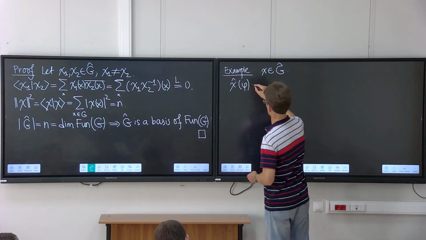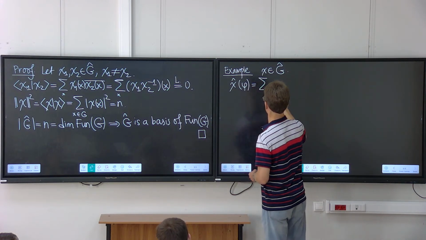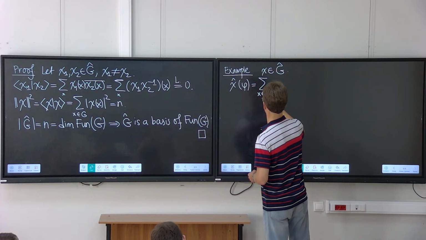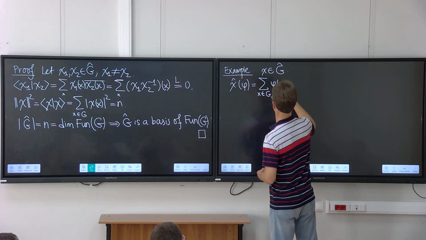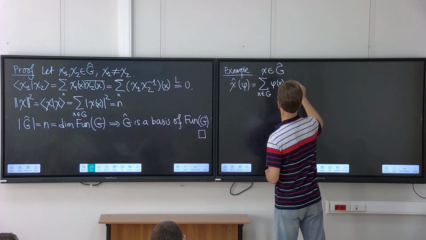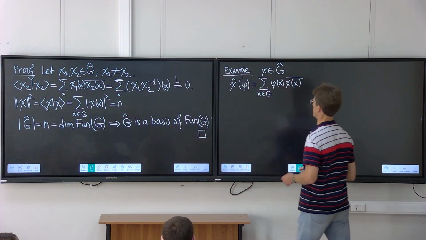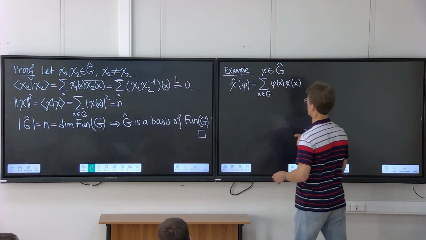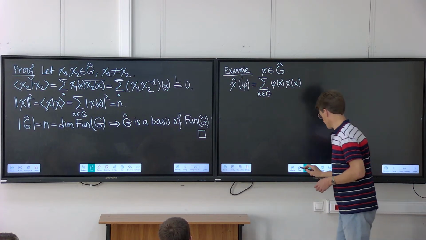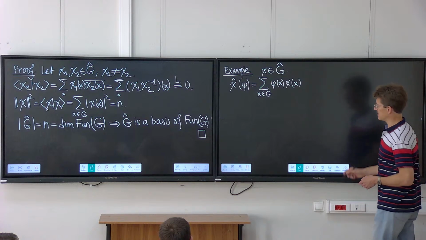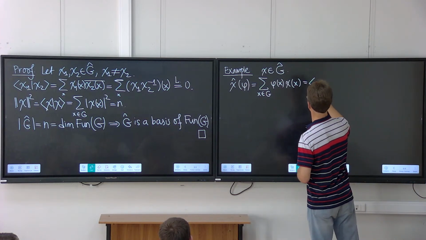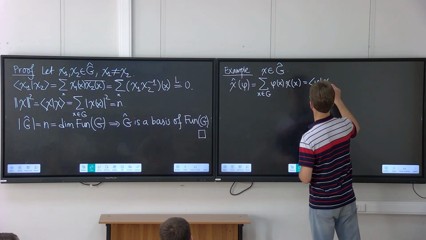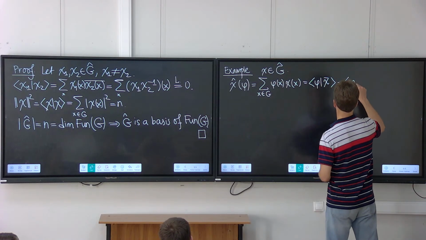And by definition, this is equal to the following sum, phi of x, chi of x. This is nothing but the inner product of phi and chi complex conjugate, or equivalently of phi and chi inverse.